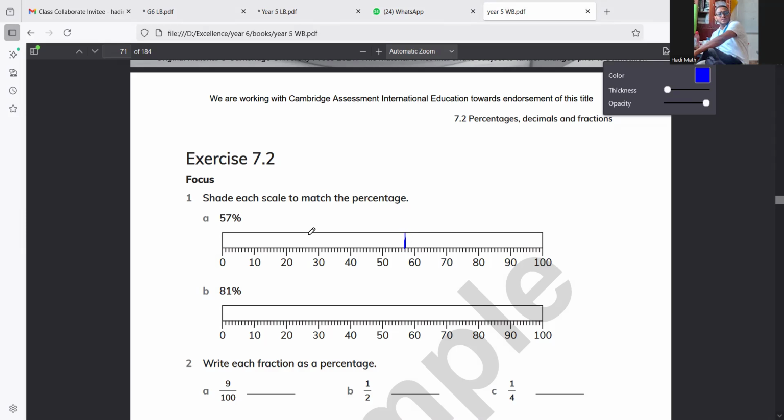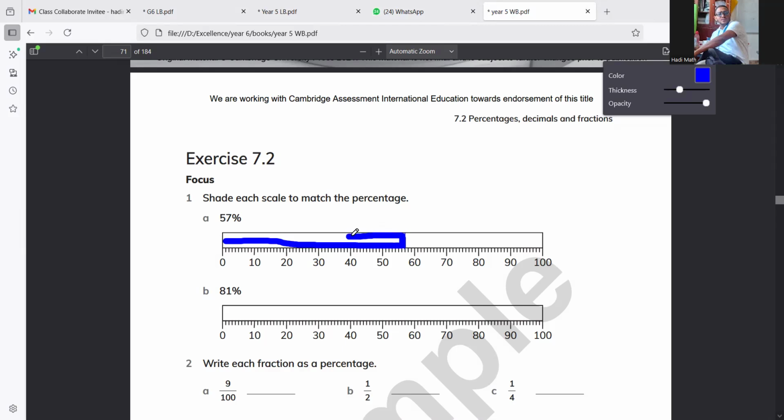In this case, you're going to shade all this from here, from the beginning. We keep going up to what? To the 57. This is what we're going to shade, and this is how we shade it.